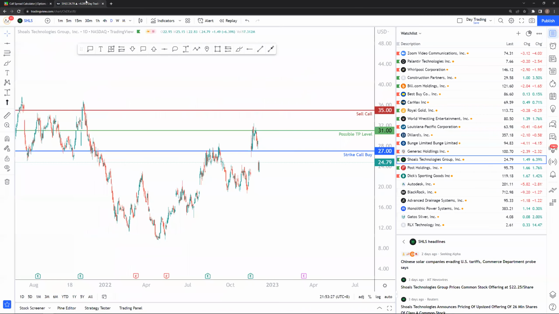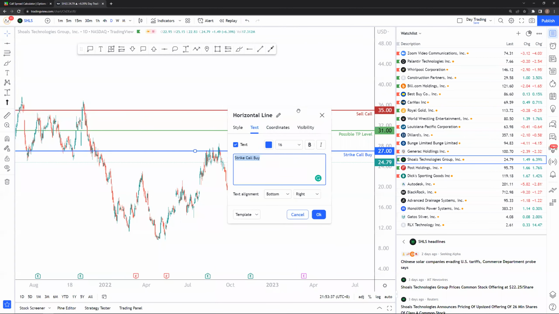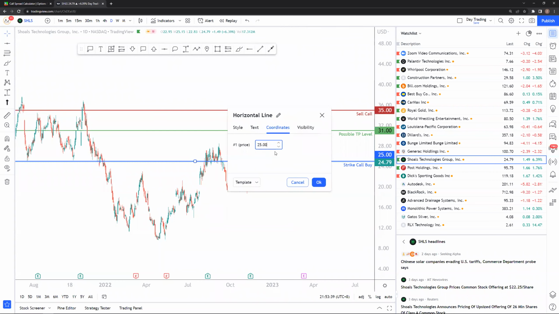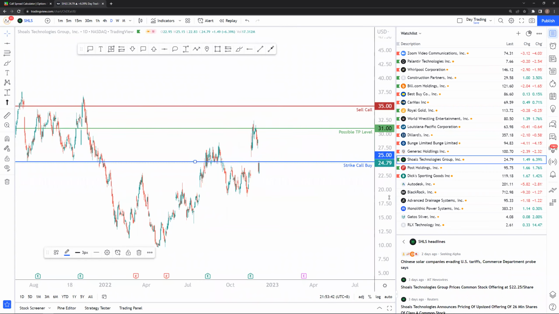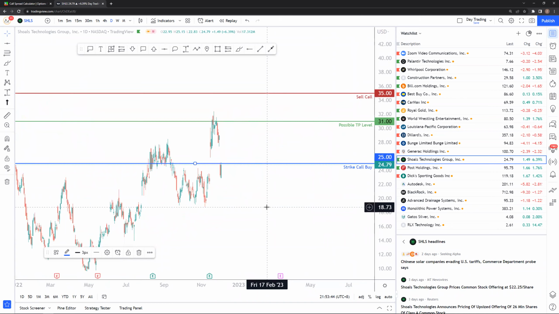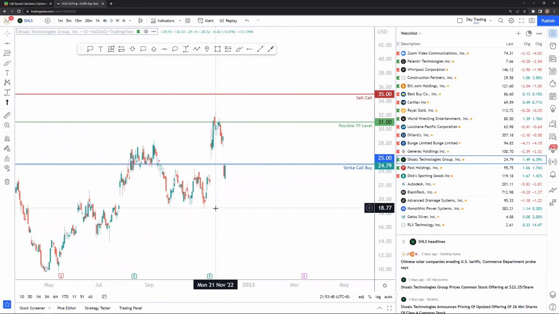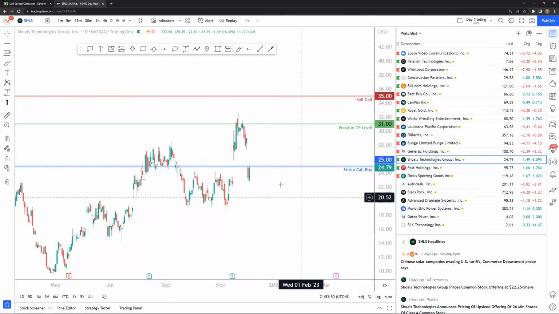Okay, there's no 27. There's 30 though. I think 30 is actually too far out. So 25, I do 25. There's only 25, no 27. 25 is like in the money. Okay, because this counter is a bit ulu, so there's limited options. Yeah, so we buy at 25.